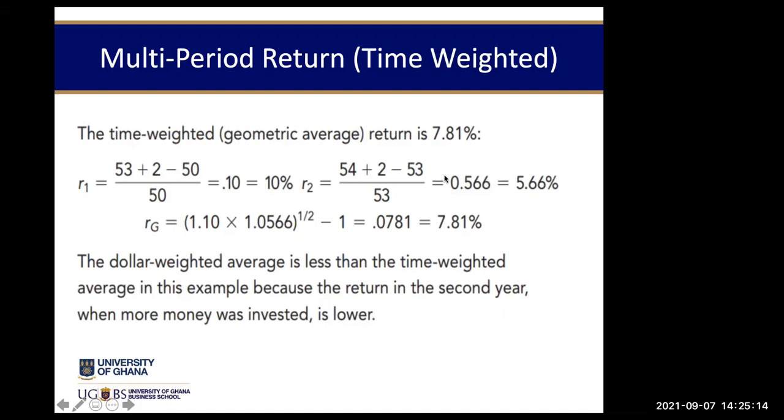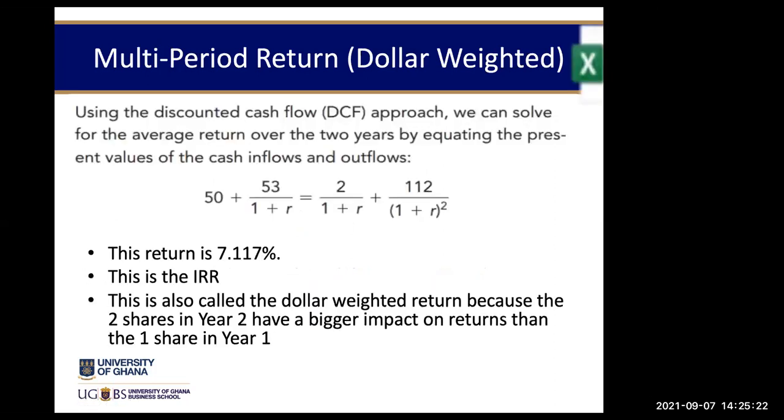But we invest more money in which year? Year 2. So that causes the dollar weighted return to be lower than the time weighted return, because we invest more money in year 2 and the returns in year 2 are lower than the returns in year 1, then it reduces our overall return.